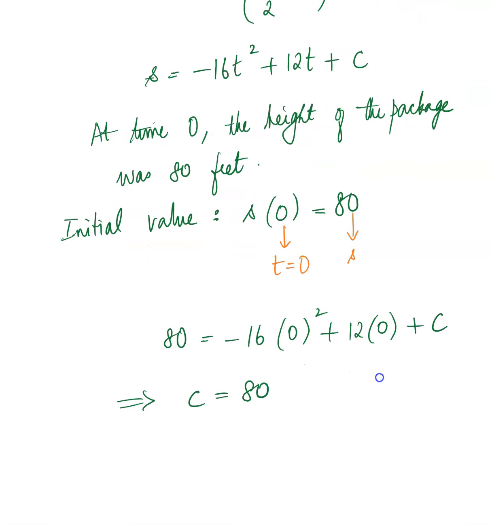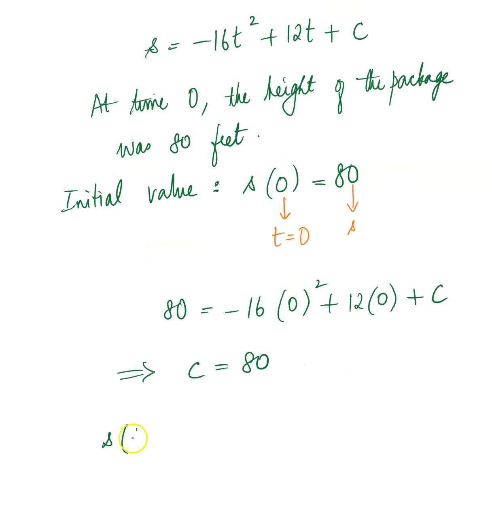So come back, I say s, but it's actually s of t, so s of t equals negative 16t squared plus 12t plus 80. Wow, so we started from a of t, acceleration, we came down to v of t, from v of t we came down to s of t. We've got this. We're not done yet, because they want to find the time it takes for the package to reach the ground.